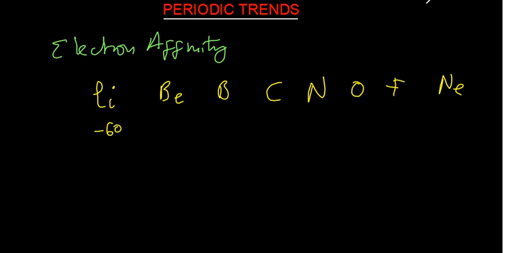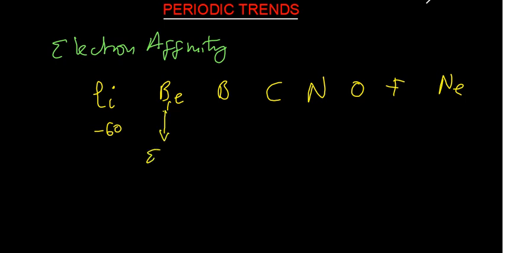Now this one, the energy that it releases is less than 0. Okay. So in other words, here, for an electron to be gained by beryllium, energy is supposed to be taken in. So the energy change is endothermic.